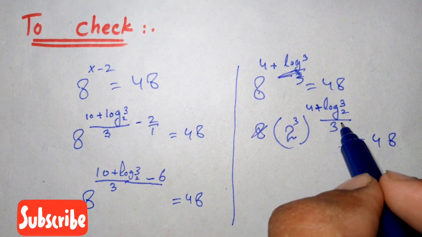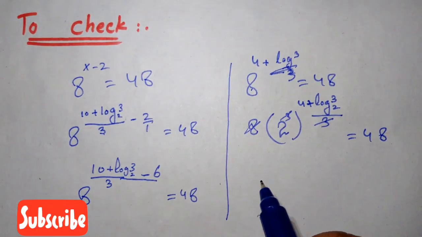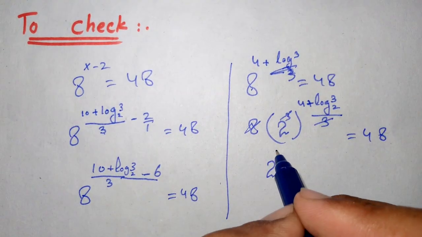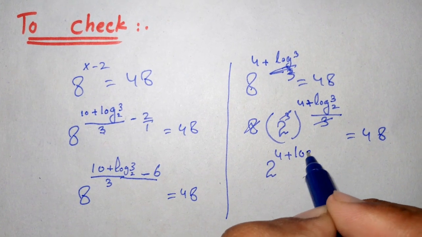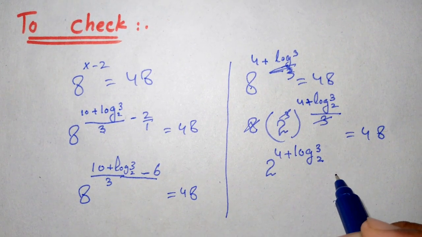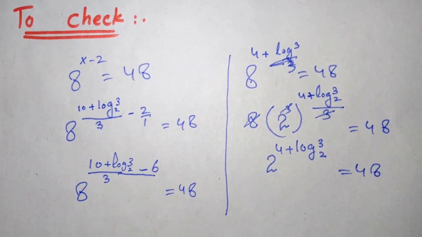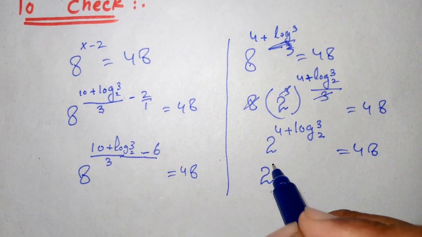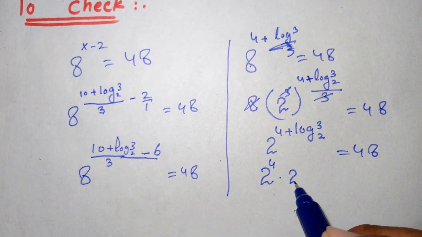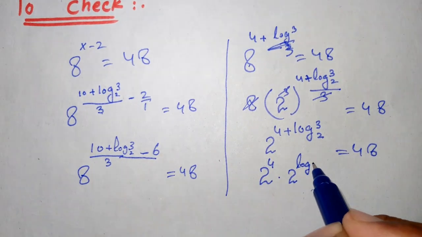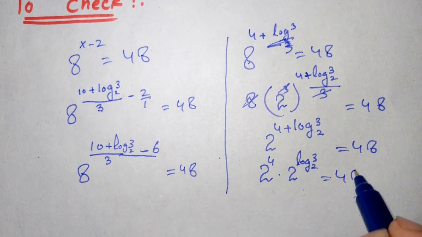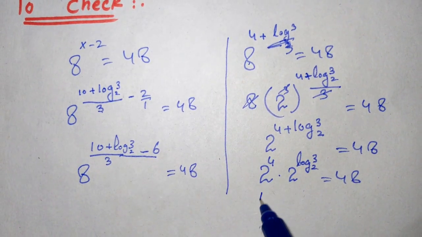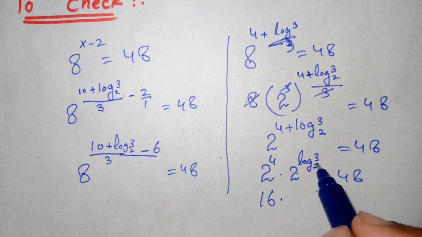Now this 3 cancels with this 3, so this will become 2 to the power of (4 plus log of 3 to the base 2) is equal to 48, and this can also be written as 2 to the power of 4 times 2 to the power of log of 3 to the base 2 is equal to 48.